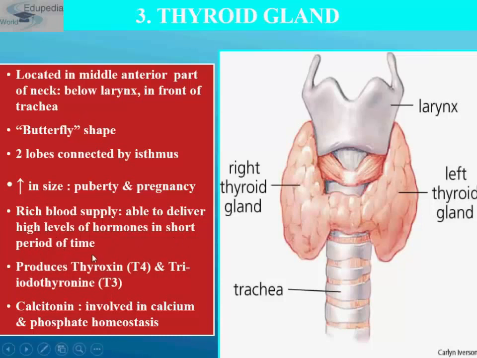hormones in a short period of time, and it produces thyroxine, which is T4, and triiodothyronine, which is T3, and it also produces calcitonin, which is involved in calcium and phosphate homeostasis. That maintains a suitable control of calcium ion concentration in blood by inhibiting bone resorption.